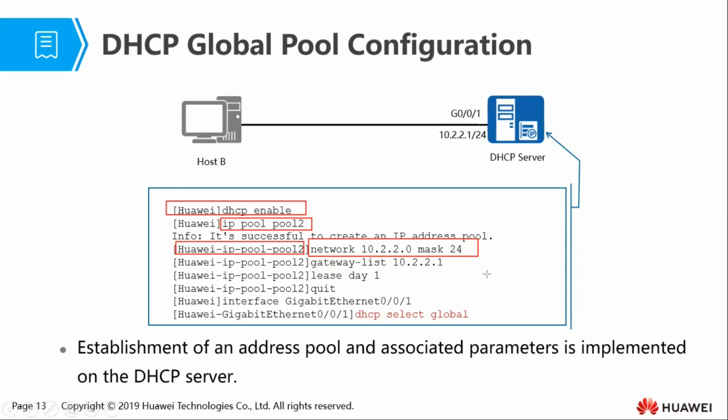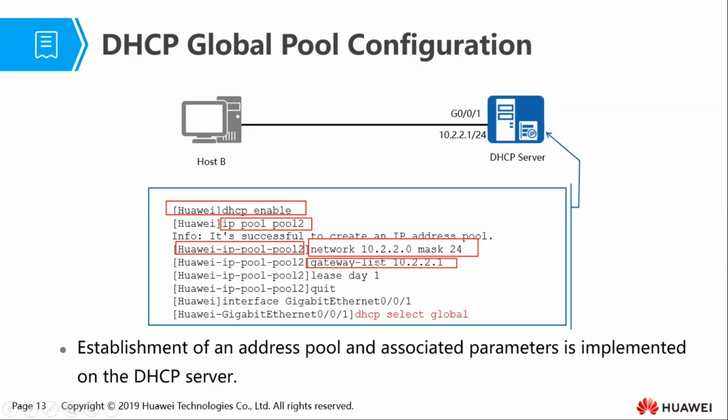So network, then 10.2.2.0, mask 24. So the address that it's going to allocate is between 10.2.2.1 all the way to .254. Then this is how you specify the gateway address, using the command gateway list, then 10.2.2.1.